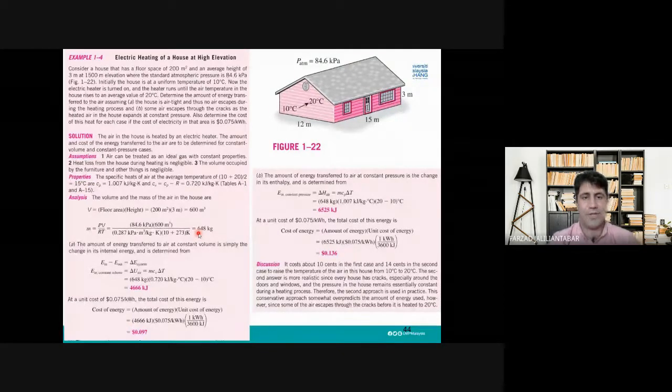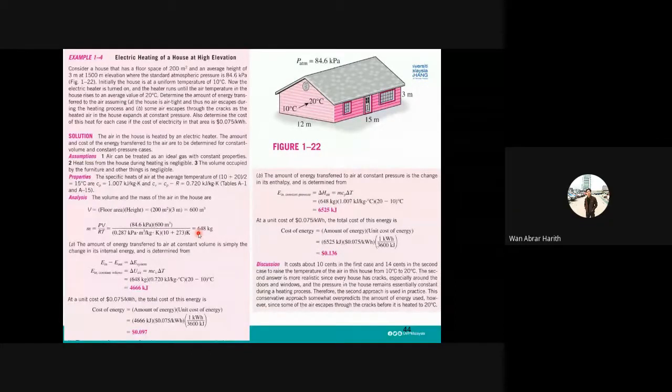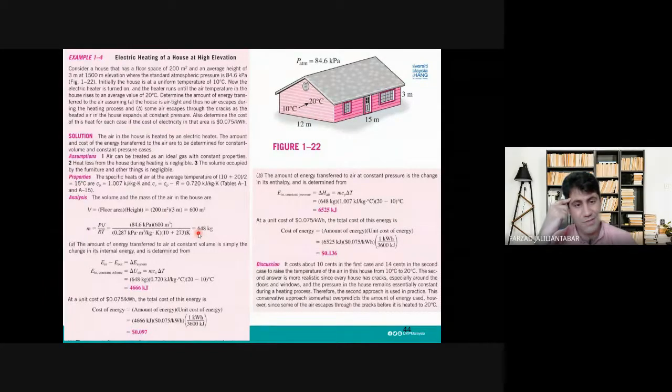Okay, any other comment, any question? I hope these two examples are clear for you. Okay, question, comment? Okay, class.